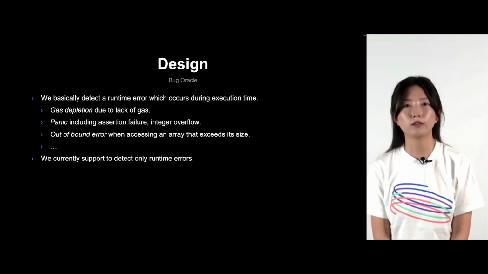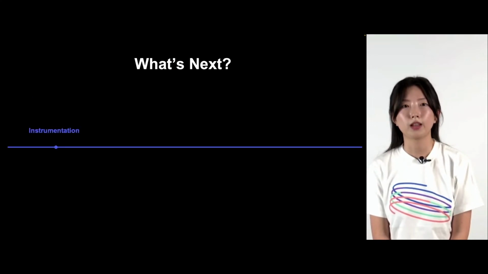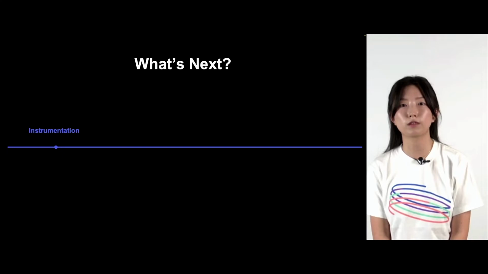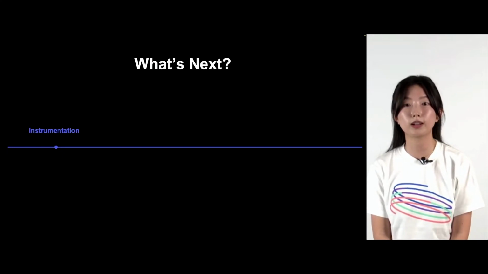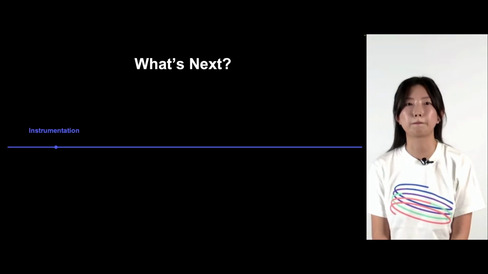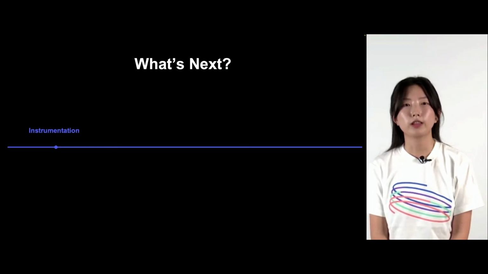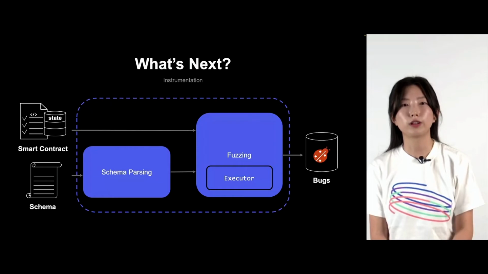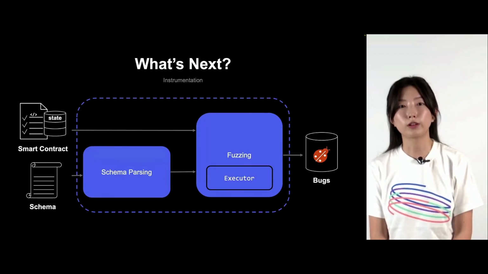Then what can we do? As I mentioned before, we were only able to do black box fuzzing because we could not do instrumentation. If we do a precise analysis of the code, I think instrumentation could be possible. So if you're interested in instrumentation, maybe you could take a look at CosmWasm itself.